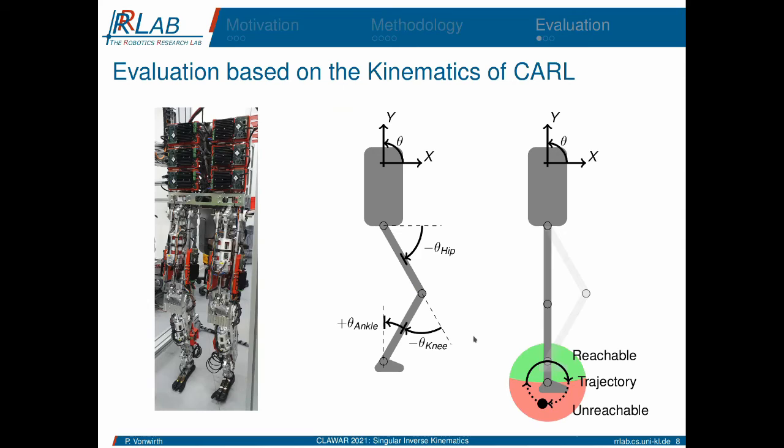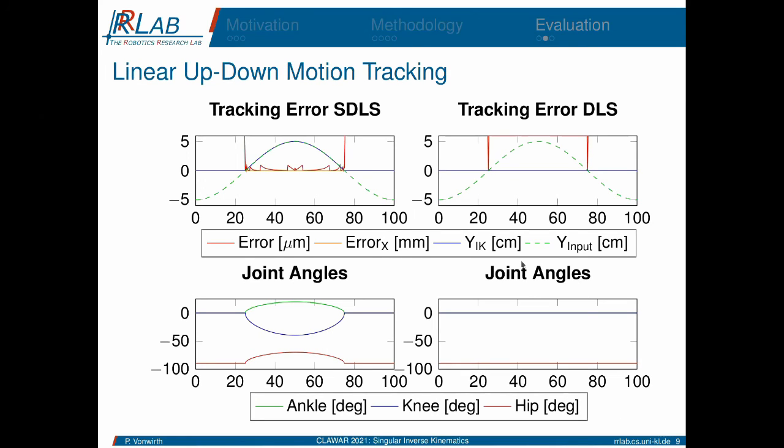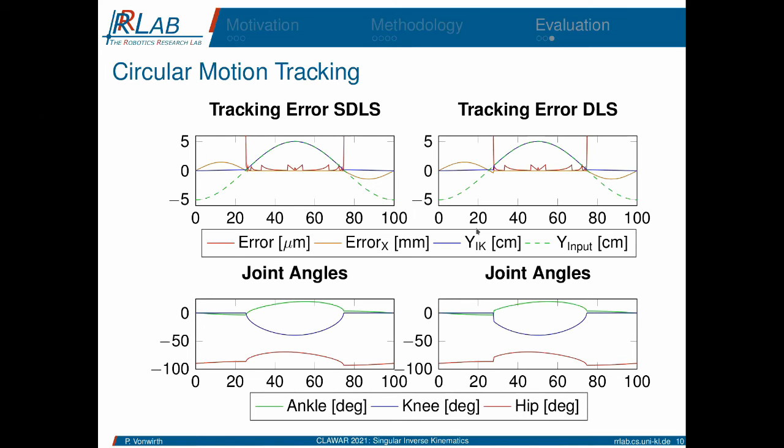And there is a trajectory of a very simple circle of the ankle, which is half in the green path and half in the red unreachable workspace area. Here is the result of the tracking of this circular motion.